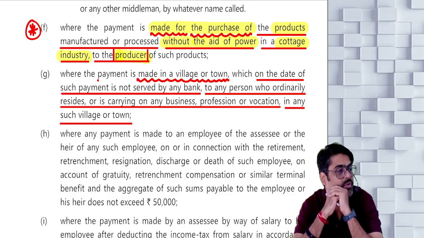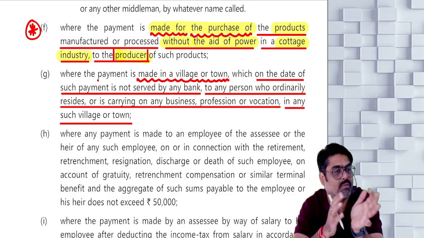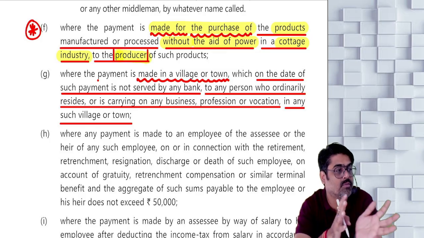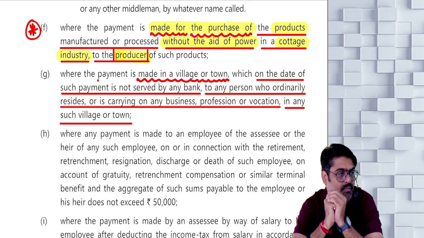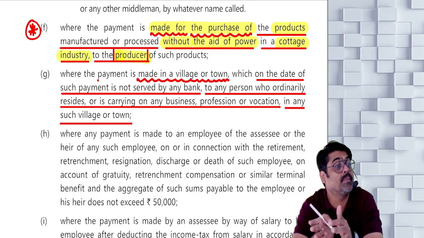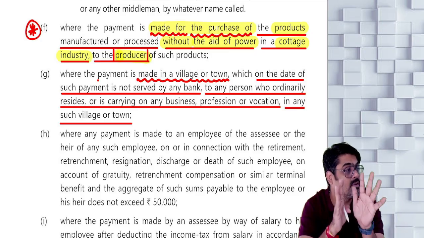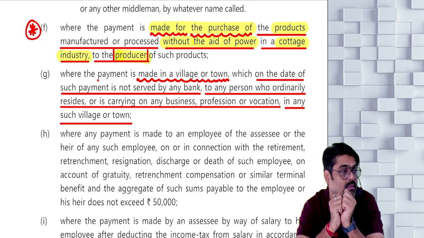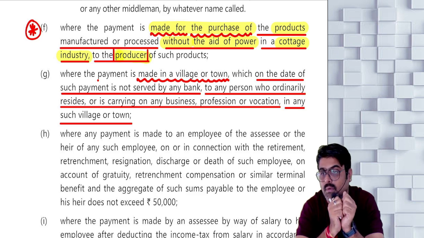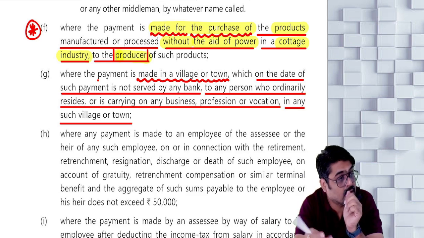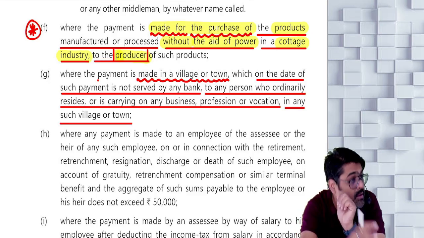Understanding? So, you went to some small village, you went to some small town, and you are making the payment in that village or in that town to a person who ordinarily resides in that village or town.